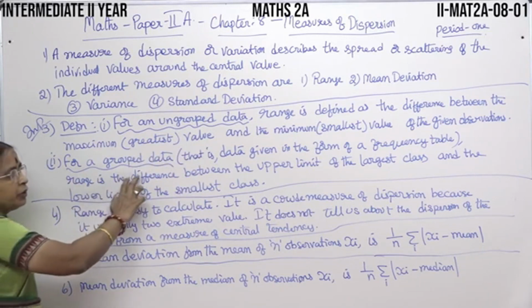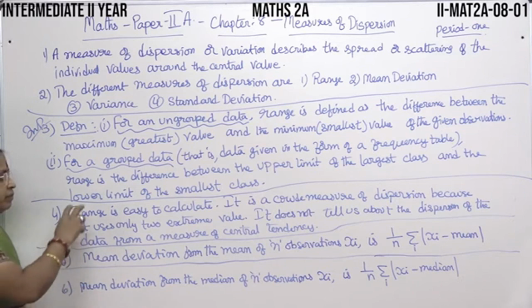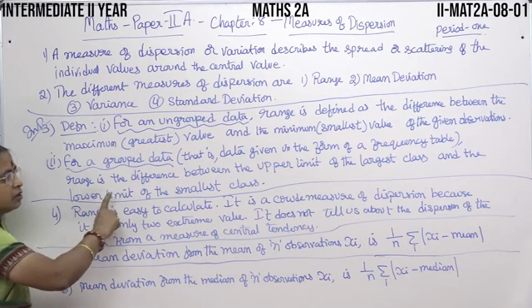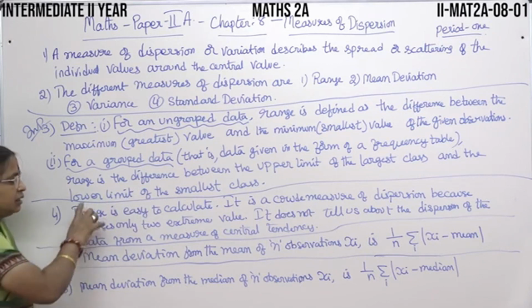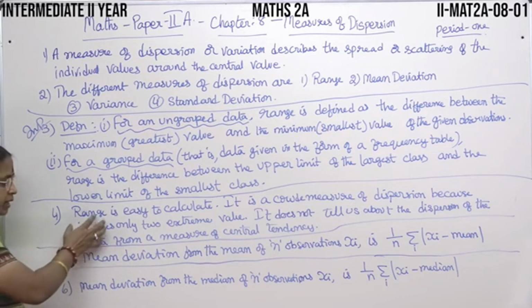And for a grouped data, that is when it is given in the form of a frequency distribution table with class intervals and frequency, range is the difference between the upper limit of the largest class and the lower limit of the smallest class. So these are merits and demerits.